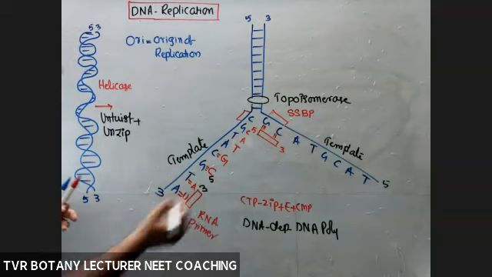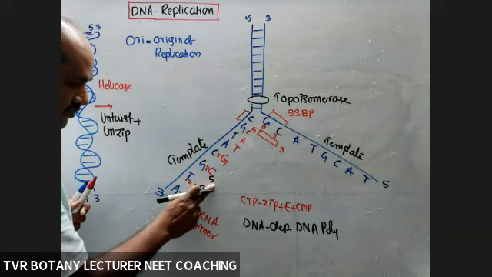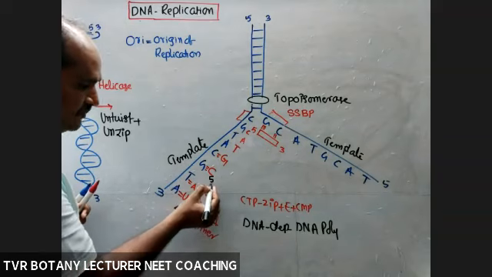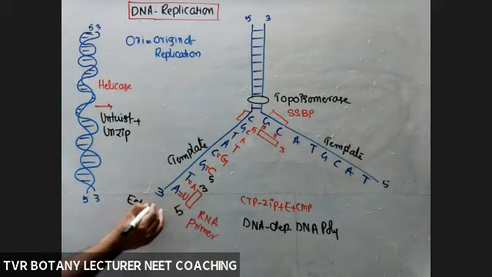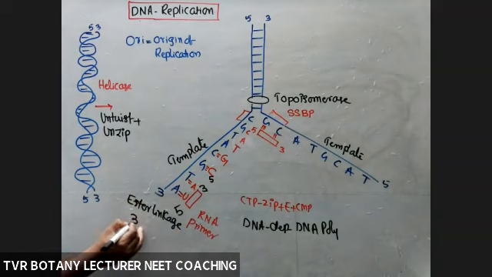What is the bond between two nucleotides? Sorry, not N-glycosidic; here it is an ester bond. The ester bond is between the third carbon atom and the fifth carbon atom. So it is an ester linkage. This concept is very, very important. The ester linkage is 3 to 5, as given in your textbook.